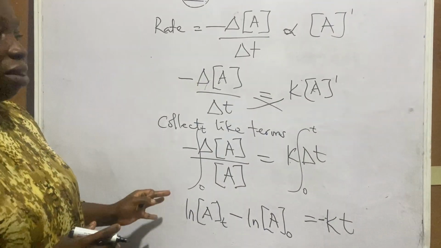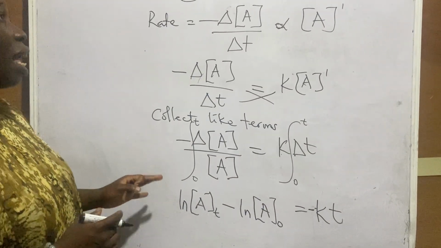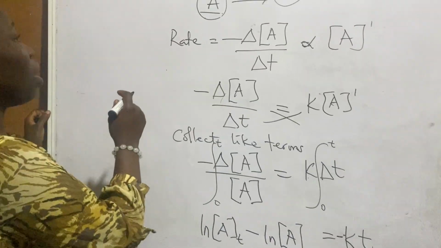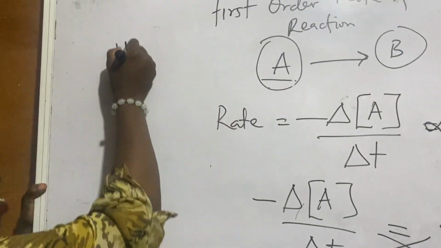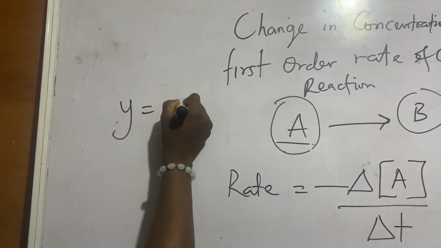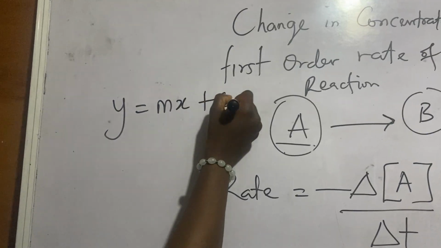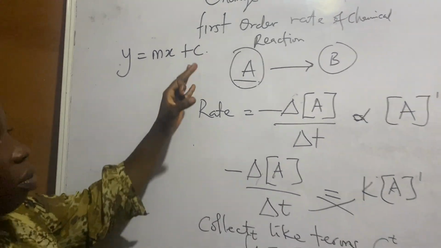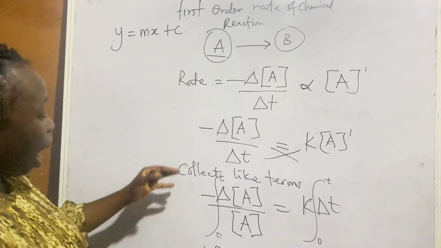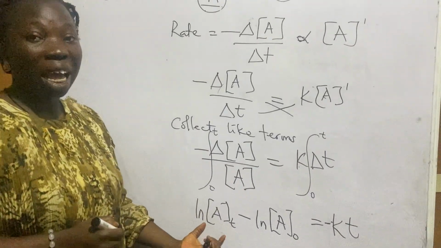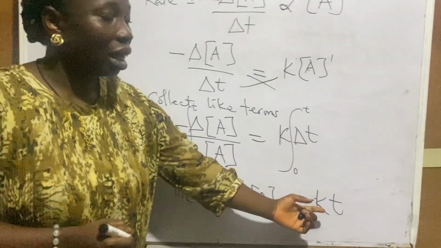You will now need to arrange it according to the straight line graph. Remember that our straight line graph is y equals mx plus c. And the variables as regard change in concentration are concentration at time t and what? The time.